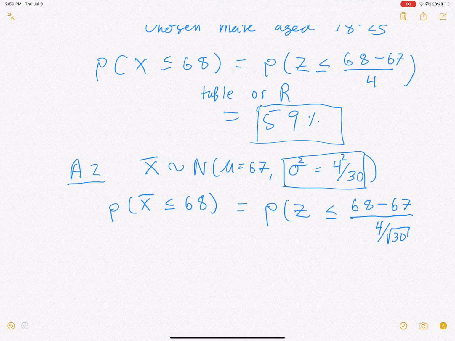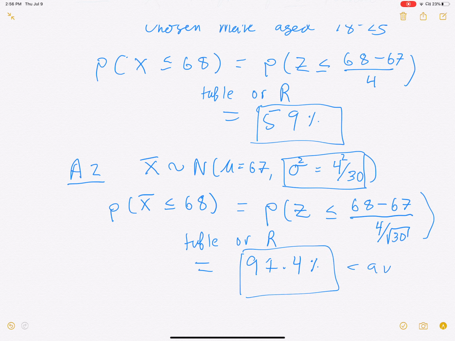That's the square root of the variance. And now we'll again use a table, or you can use R, and you'll calculate that this probability is about 91.4%. That's quite different than the 59%. This is for the average. This is for an individual.